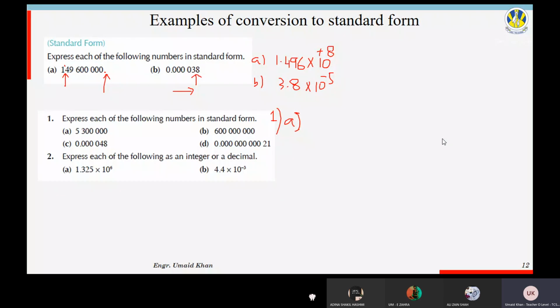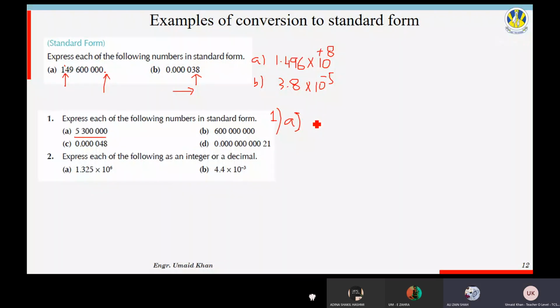Sir, I am not able to listen to your voice, sir. What are you saying, sir? I am asking you, can you help me solve this question? Part B. Sir, I cannot hear your sound clearly, sir. Okay, is the screen visible or not? The screen is visible. So can you help me solve part A? This part.